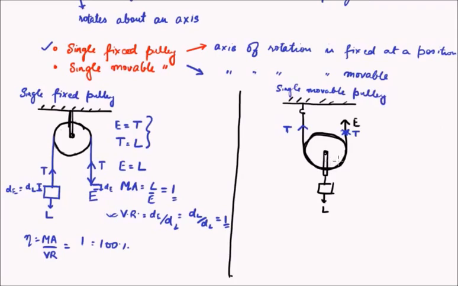Now what will be the relative distances moved? Suppose that I move this position by a distance dE. So I moved this by dE. As a result, since the rope has two components, this part and this part, moving the rope by dE will move the load by just dE upon 2.